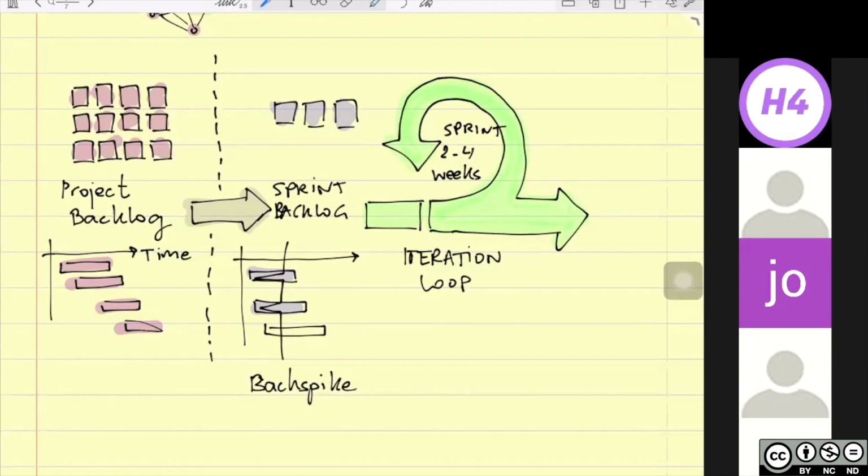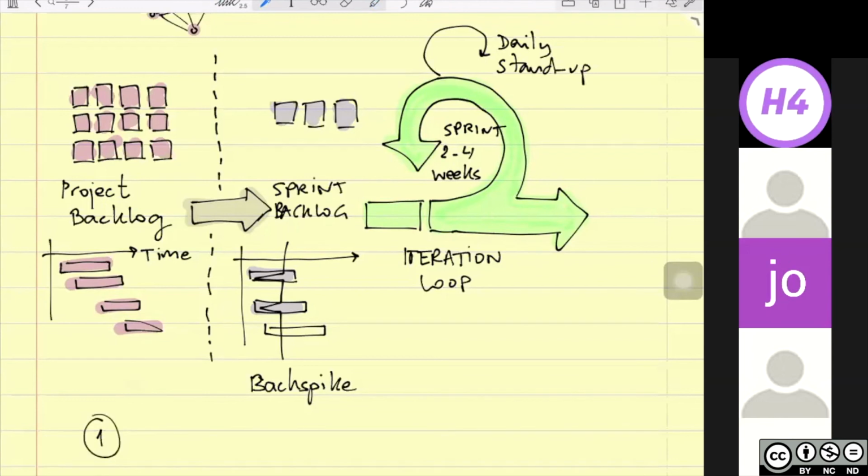And they have a daily stand-up meeting. Okay. So we have the backlog, the project backlog, the activities that are ordered in a project plan.